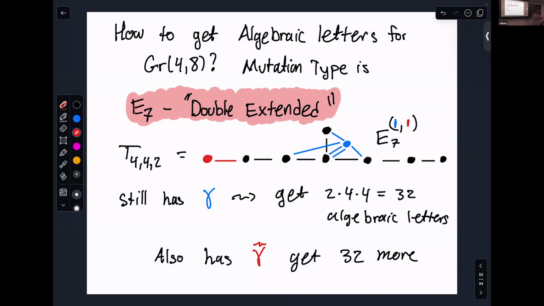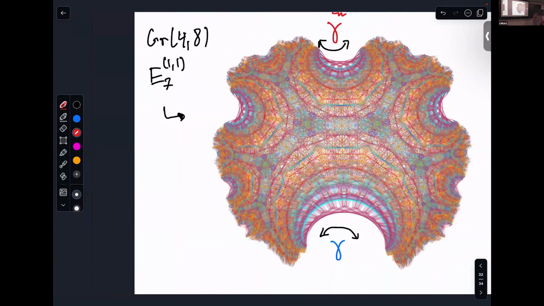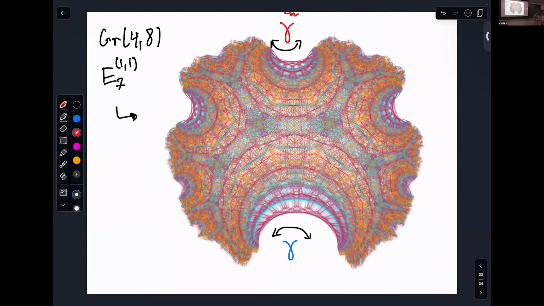So really, there's another obvious affine direction that will give me 32 more algebraic letters. From each of those 32, it turns out there's only 9 that are algebraically independent, and so together that makes 18 that was mentioned before.